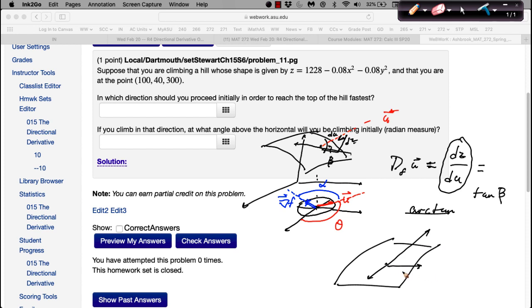So this is like going in the u direction here, and then you're going to have a change in z. So dz per du is your directional derivative. That's opposite over adjacent, so that's the tangent of that angle.